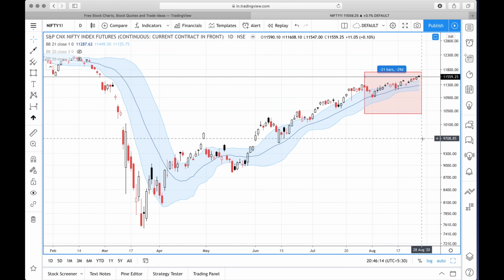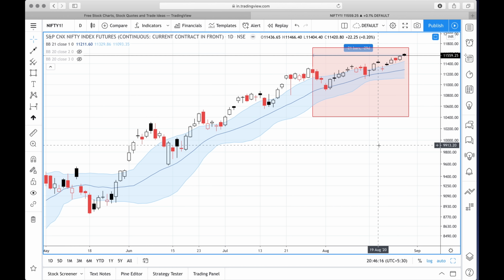Let's zoom in. So what this first river, this river which looks, and I've purposely kept it in blue, means is that if I look into the last 21 days of price action, look at the closing price, 65 to 68% of the closing prices should ideally fall within one standard deviation, that is within the river.